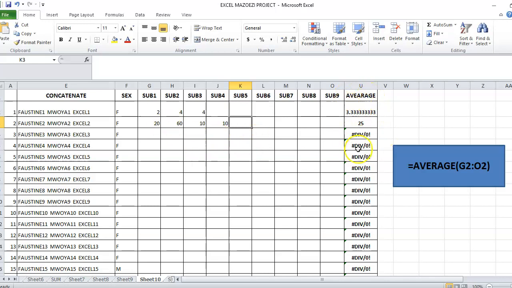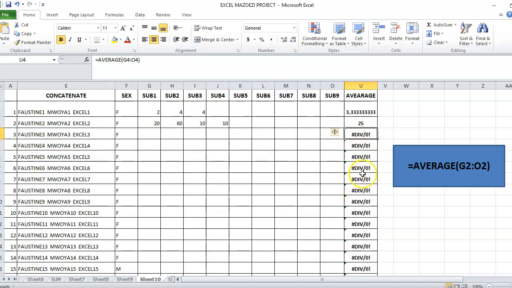In this formula, I can add something. For example, when you see these cells which have no numbers, there is this division by 0 error. It means you cannot divide a number by 0.